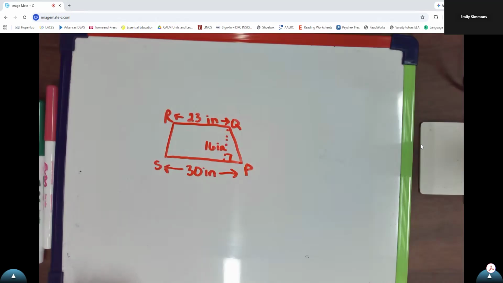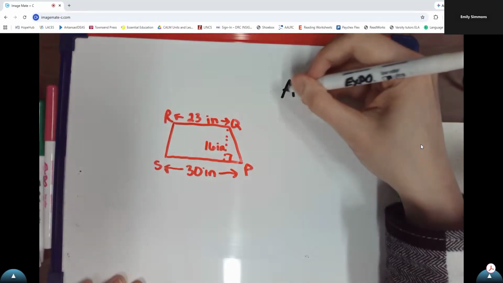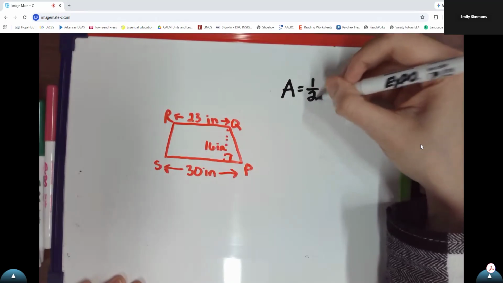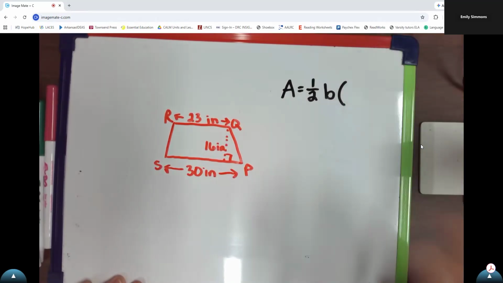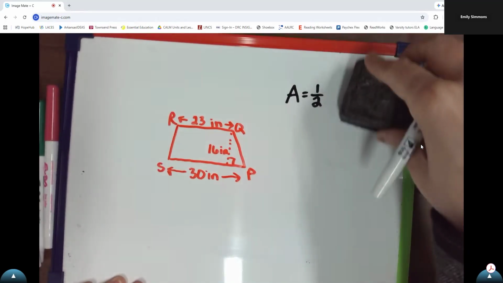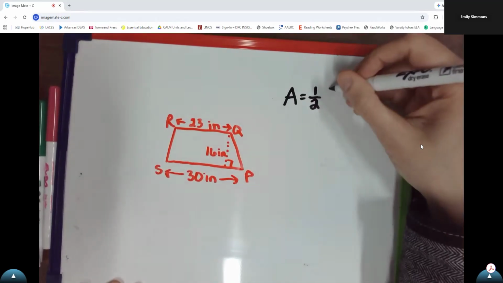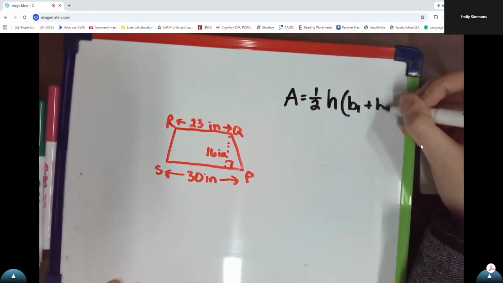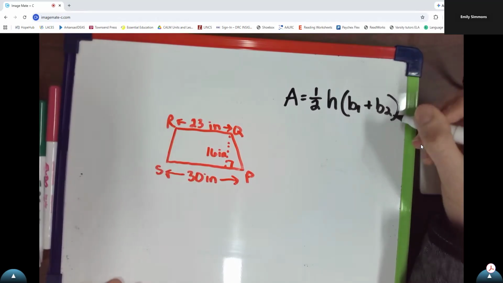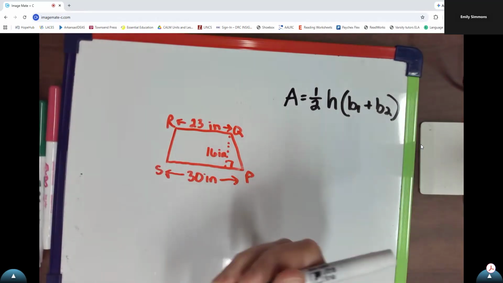So with these numbers, we can plug this into our trapezoid formula that we just looked at. So the area equals 1/2 times the height times base 1 plus base 2. Before we can do any math, we need to plug our numbers into the formula.